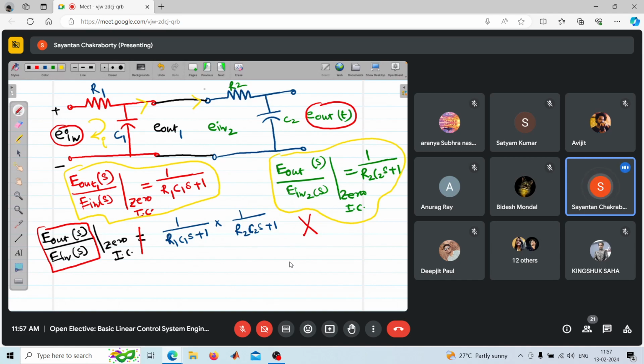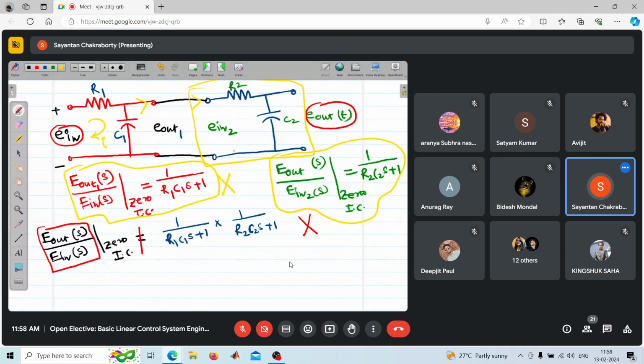That means this second circuit will act as a load to this first circuit. And as soon as that happens, this transfer function will not be valid.